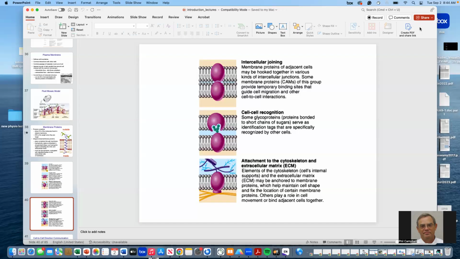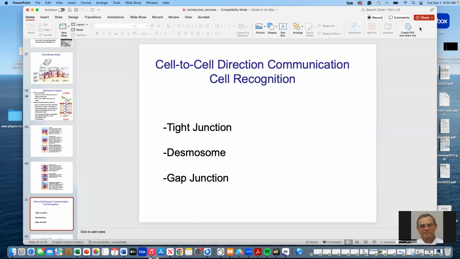And lastly, we have attachment to the extracellular matrix. So these are the reasons why we have proteins in this fluid mosaic model. They allow for the cell to have transport. They allow for communication both inside and outside the cell. They also allow cells to recognize other cells, etc. So they have a multitude of functions. And we'll talk about those.